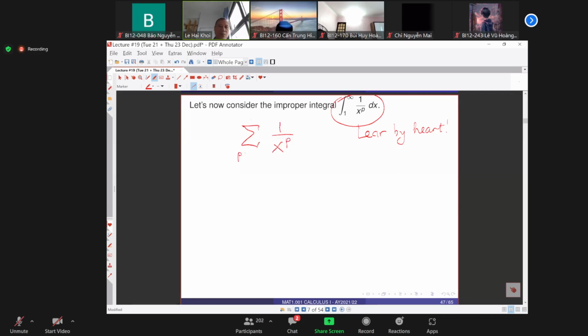In an easier case, we look at n to the power p, with n from 1 to infinity, and p can be any real number. They are almost similar, see? But we talk about improper integrals first; the series we study next week.